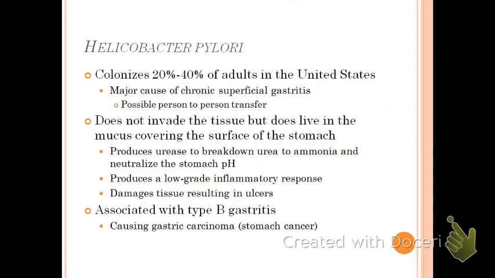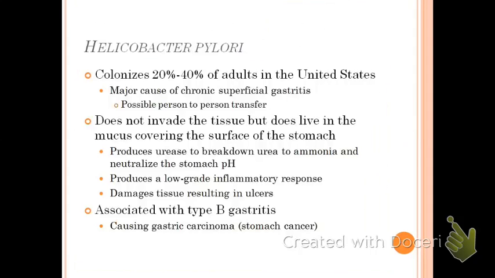So I did mention a while ago about Helicobacter pylori. Very unique type of organisms, because these organisms could produce a special enzyme that could neutralize gastric acid. It is said that about 20 to 40% of adults in the United States have Helicobacter pylori colonization.